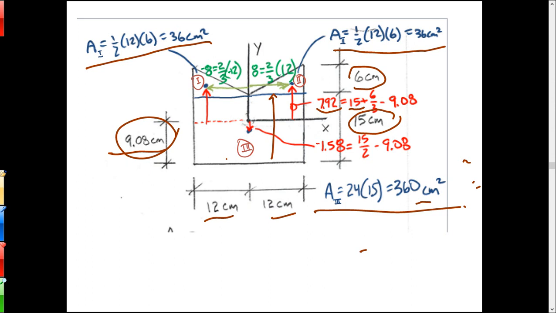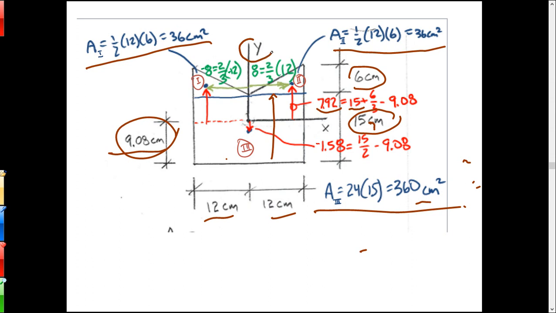So the difference between the 7.5 up from the base for the centroid of the rectangle and the 9.08 up from the base for the neutral axis is 1.58. It's actually down, so I made that negative, because they're going down. All right, and that's how we work off the x-axis.